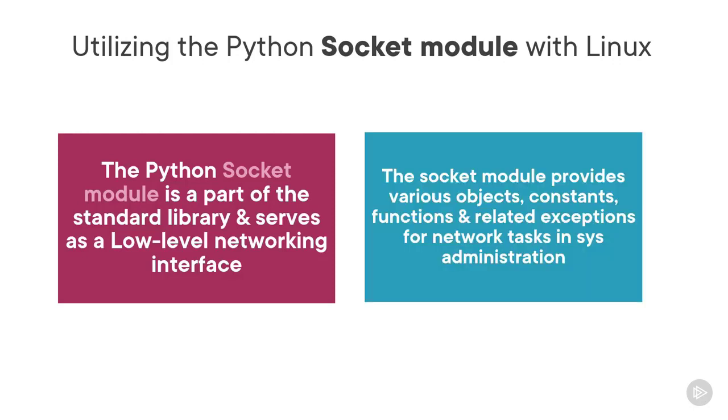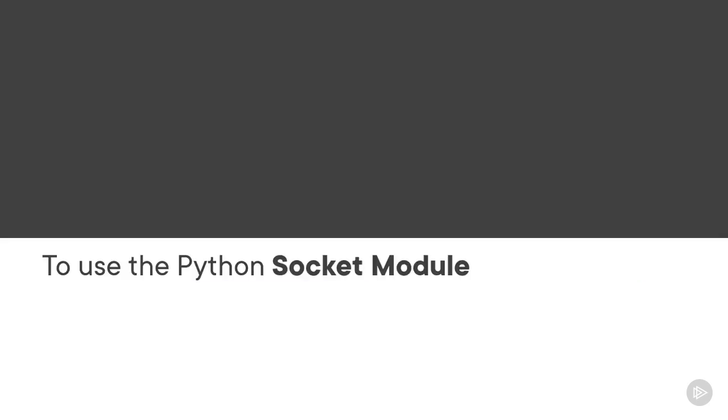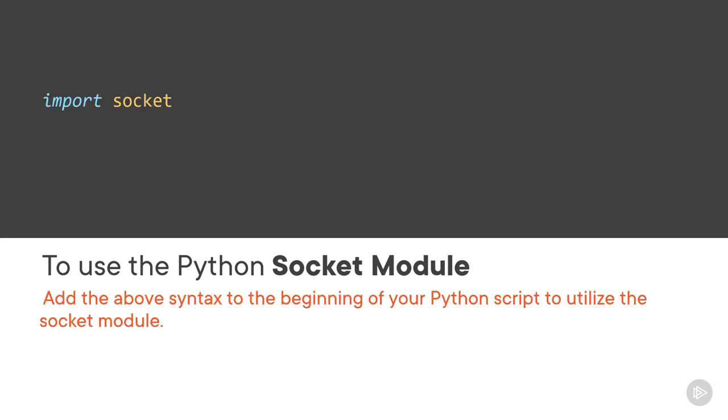And this module basically gives us access to a lot of functions, objects, and things that we need to perform network tasks that are common in administration. And to use the socket module, again, you're just going to do an import socket at the beginning of your Python script.